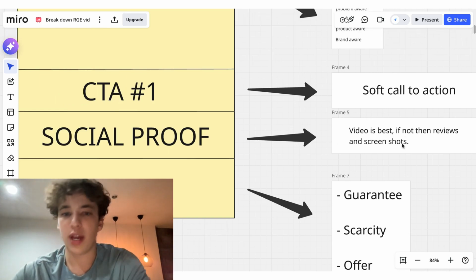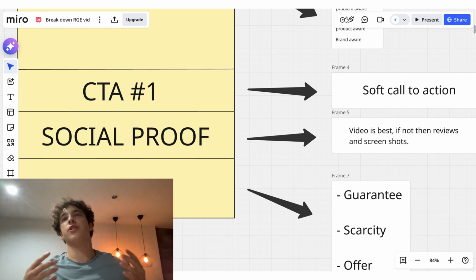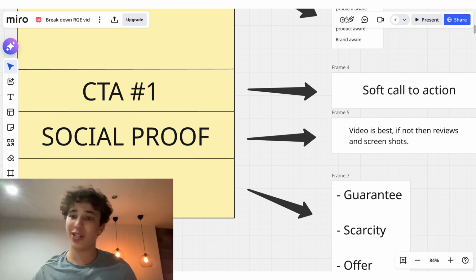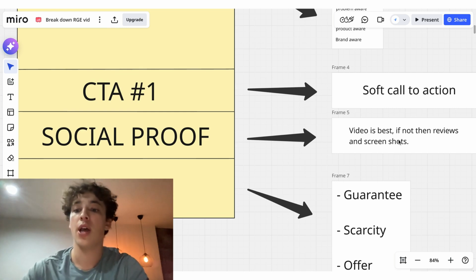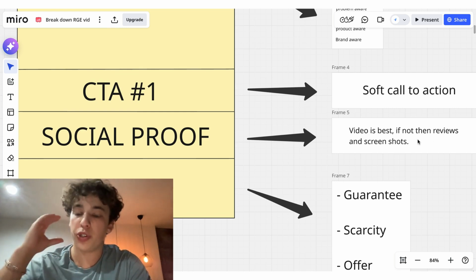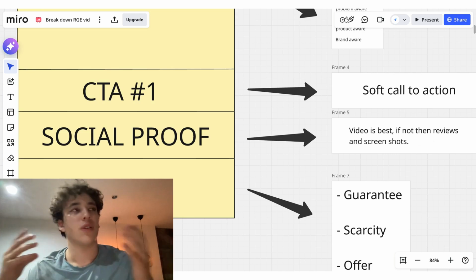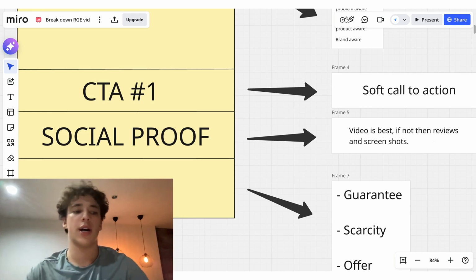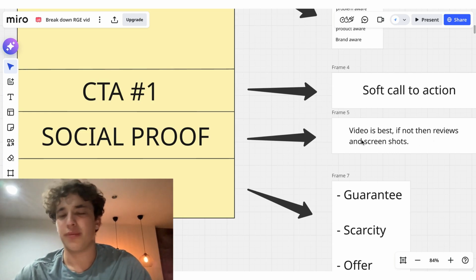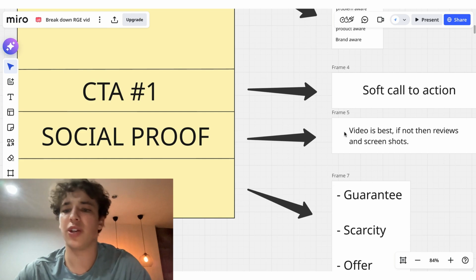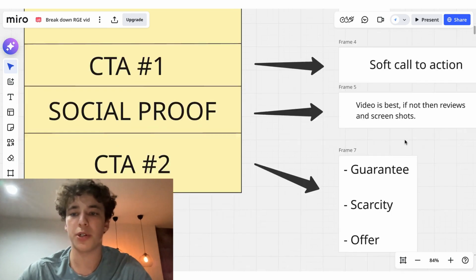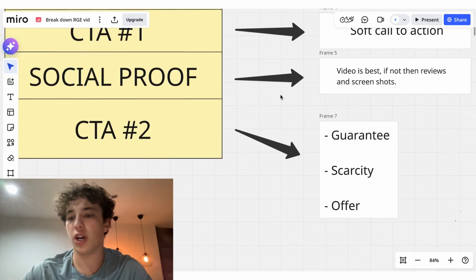Video is best if you have video footage of testimonials, someone that's trying the product or has had your service, for example. If not, then just put screenshots of reviews. There's a ton of places you can just get screenshots of reviews or emails sent or nice texts sent from your customers, whatever it is. Put that on there and talk about it.